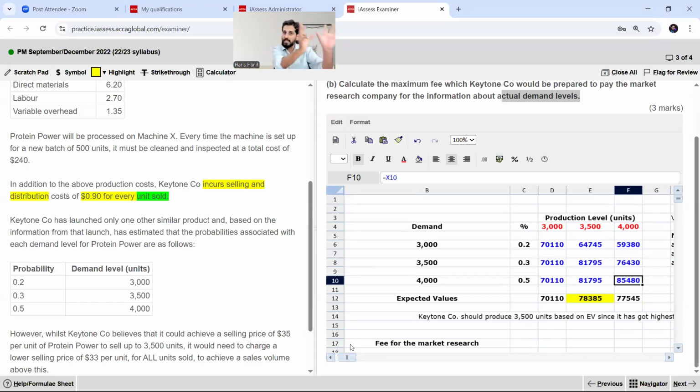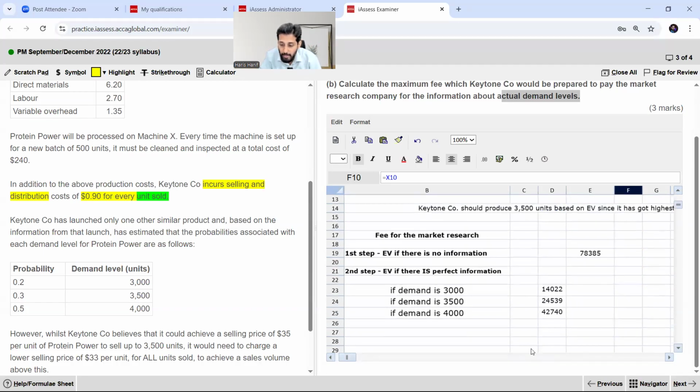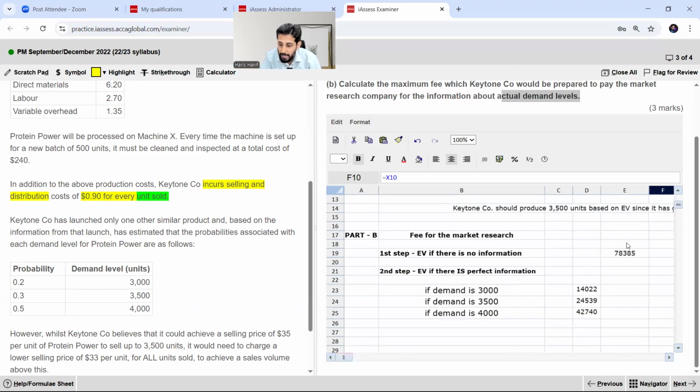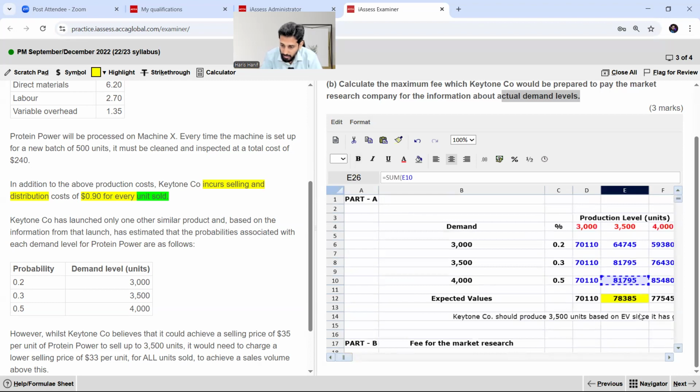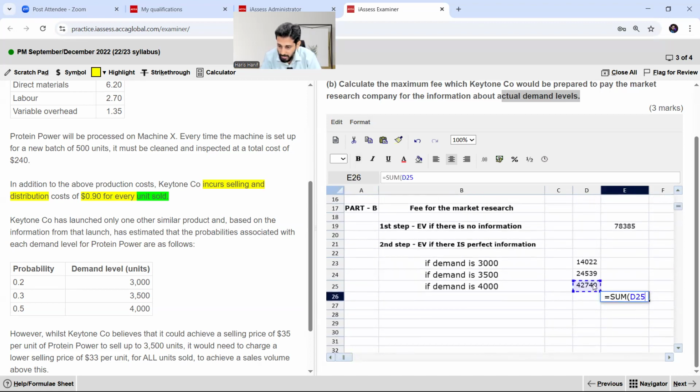What if, select the best one. So if I have no information, I am happy with this. If I have perfect information, there are three scenarios and I need to club it up, sum it up. Oh, sorry. Make it total, this thing.